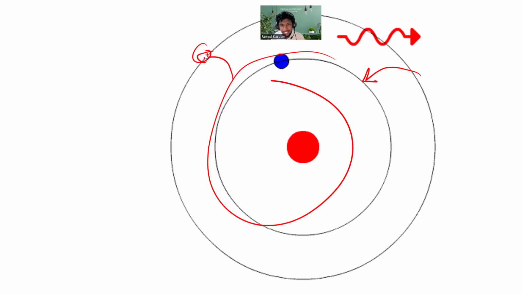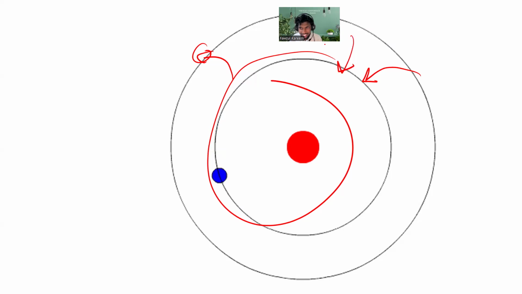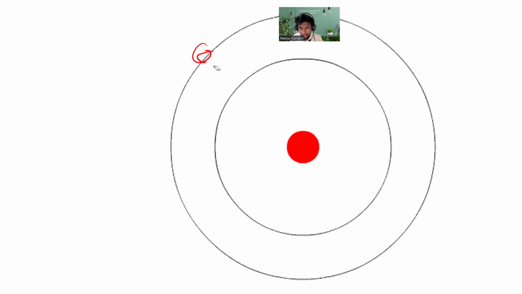And again, they are releasing the energy and coming back to the first energy level. Can you see that animation? They are rotating at the first energy level, getting the energy and moving to the second layer, and they are releasing the energy and coming back to the first layer.